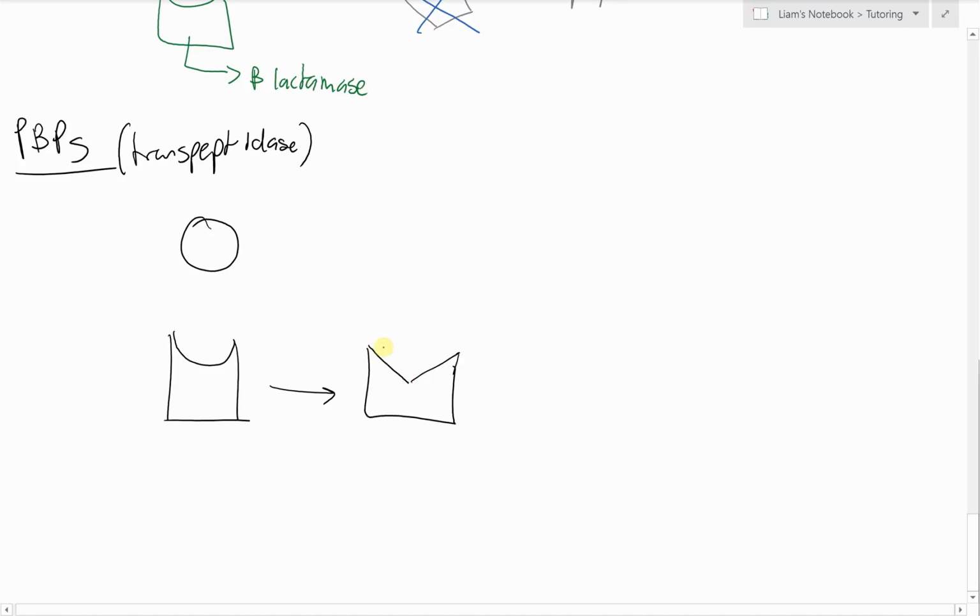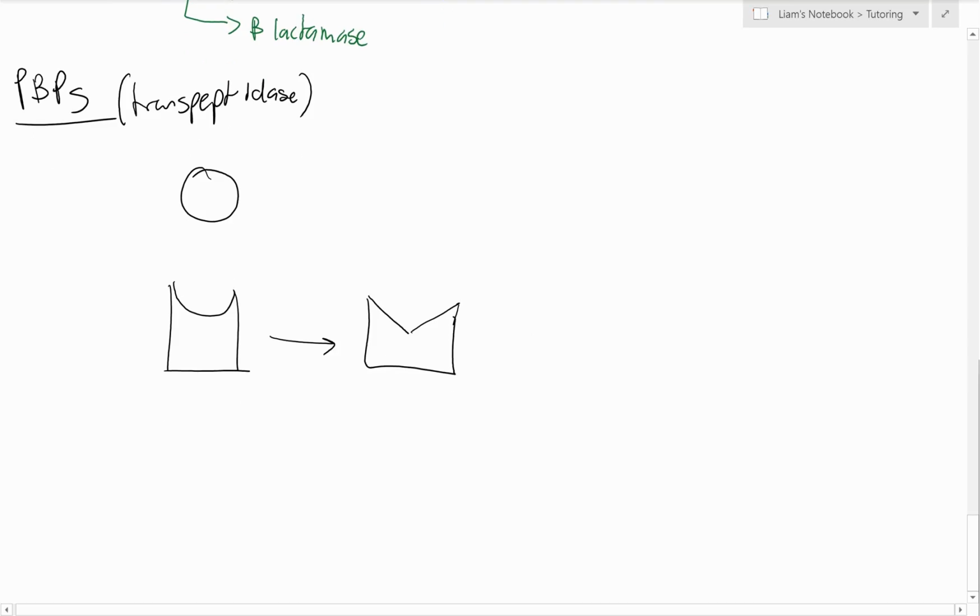So now it can't bind to that circular penicillin anymore, that beta-lactam, because the binding site's changed. So now the beta-lactam does nothing. It's completely ineffective.